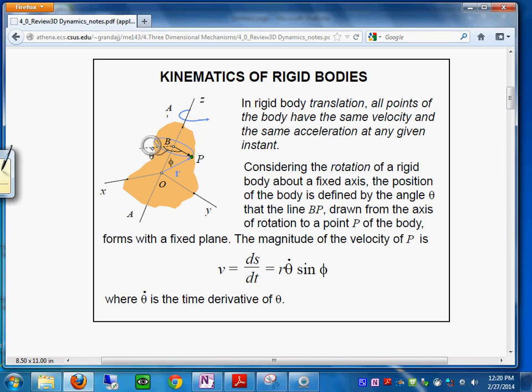S would be a measure of the arc that P describes. That would be ds/dt, but ds/dt is equal to r theta dot times sine of phi. So that's how we would do it.